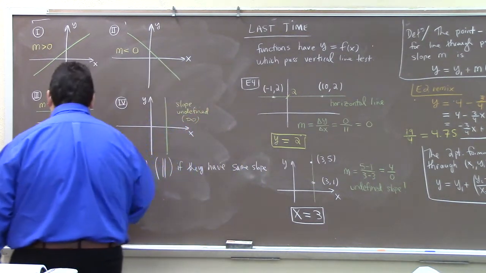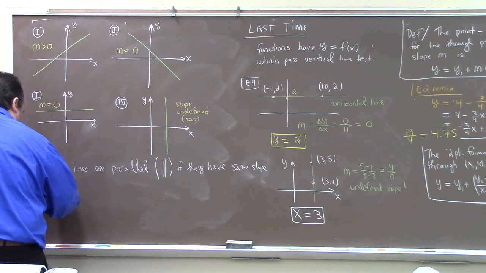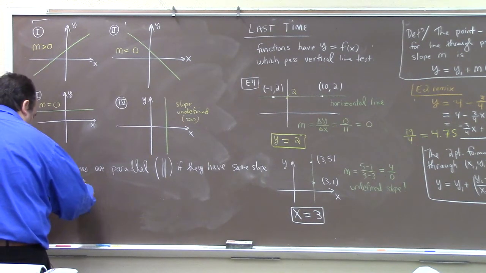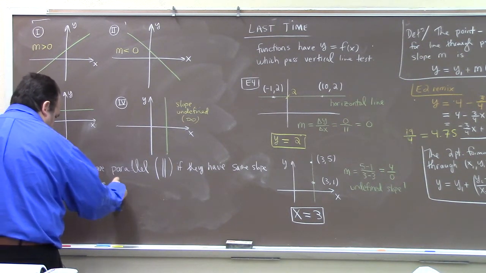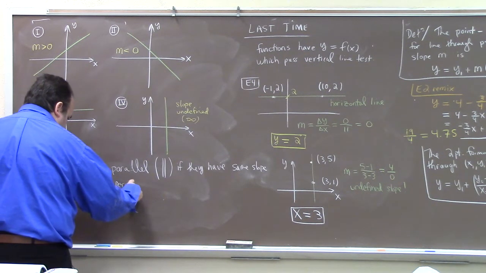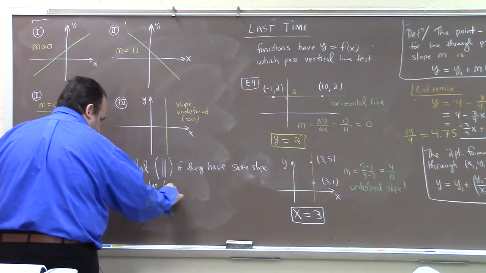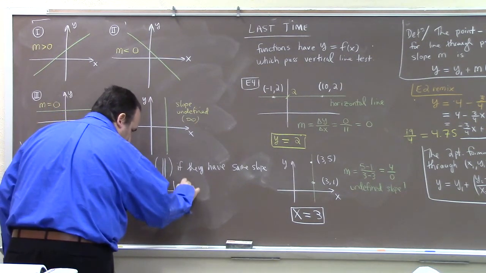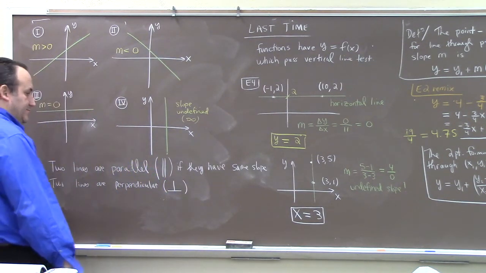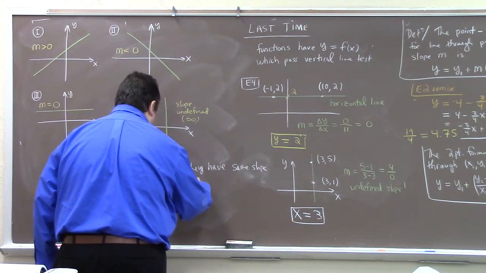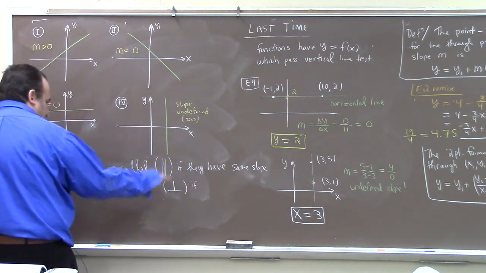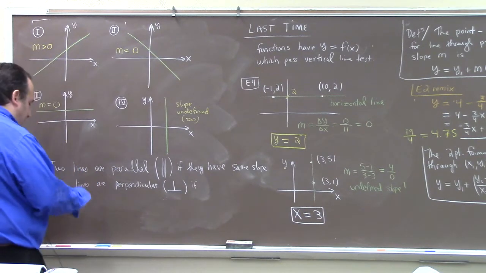All right. On the other hand, two lines are perpendicular. I get tired of writing that, so I use the following symbol. To describe perpendicular, I need the formulas.